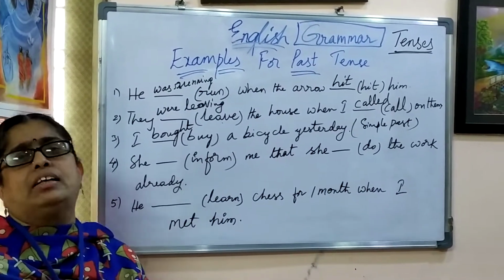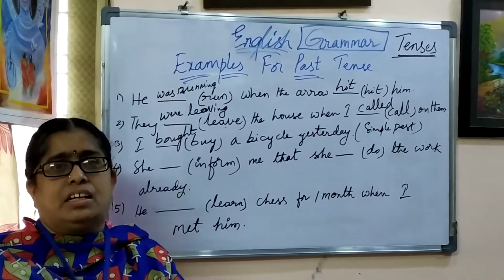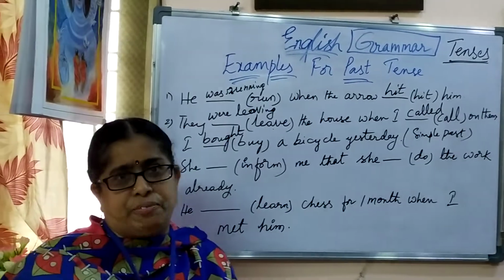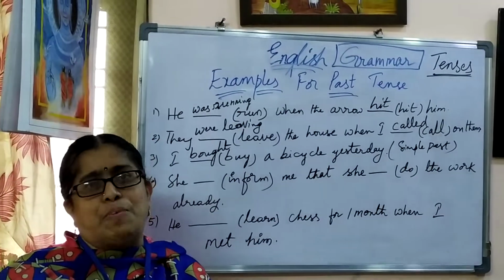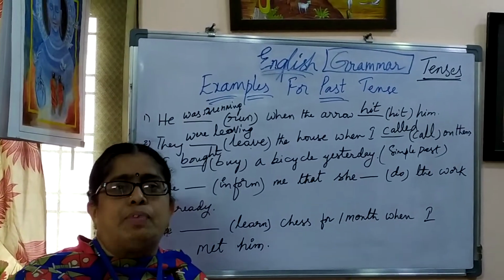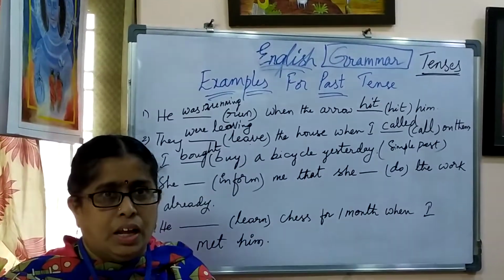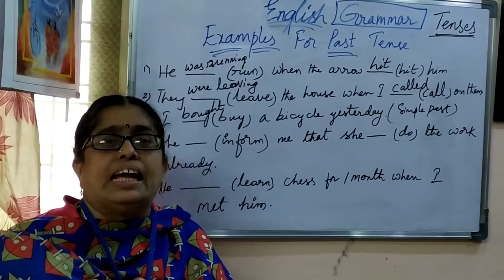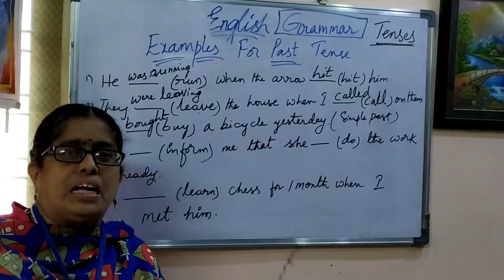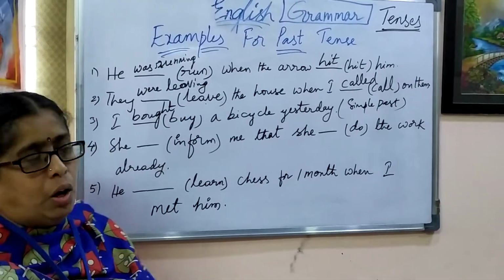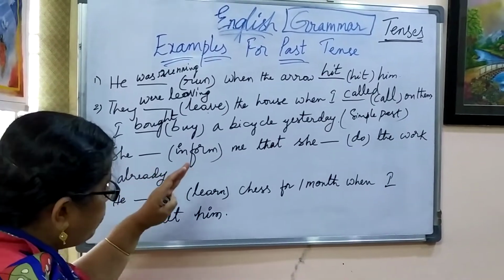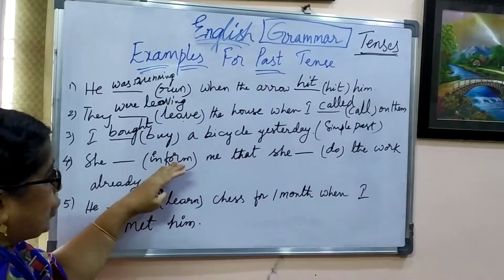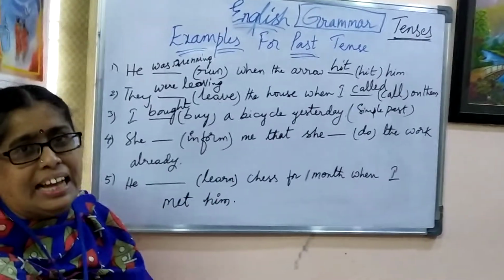As I explained in past perfect tense, the action which completed earlier should be written in past perfect. The structure of past perfect tense is subject plus had plus V3 form. The earlier action uses past perfect, and the later action uses simple past, the V2 form. Look here: informing and doing the work. The action of informing is the later action.